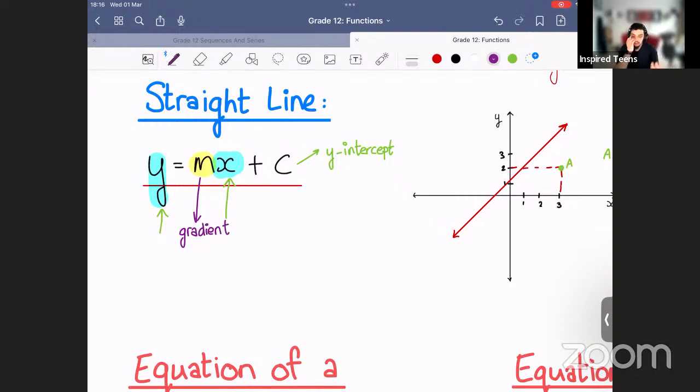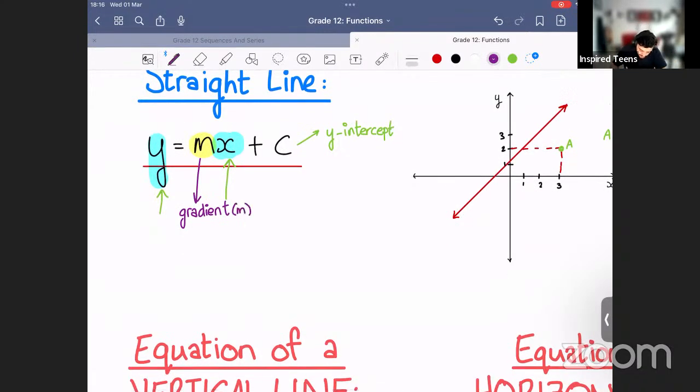Once you calculate this, it doesn't change for the formula. So the gradient is m, its symbol is m. There is a formula that we can utilize to calculate gradient. It is y2 minus y1 over x2 minus x1. I'm sure most of you know this formula, right? You've been doing it for years. Then we have c, which again we said is the y-intercept.